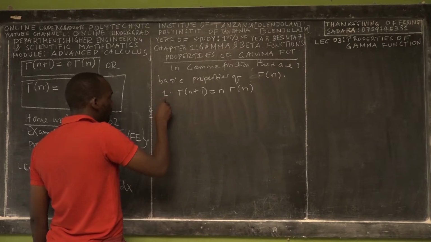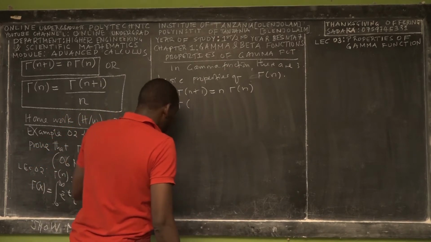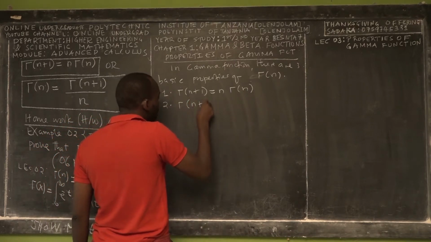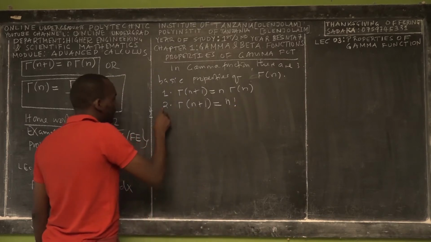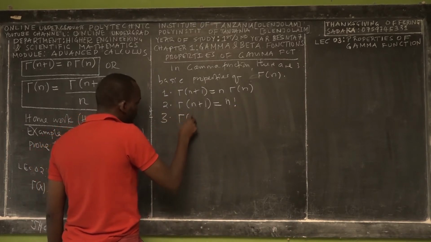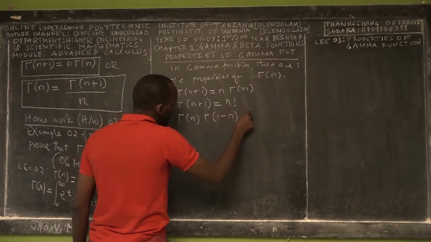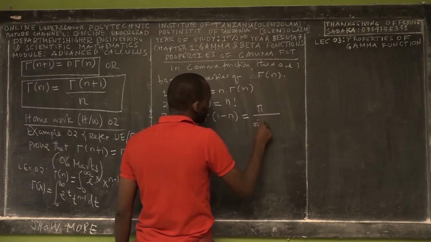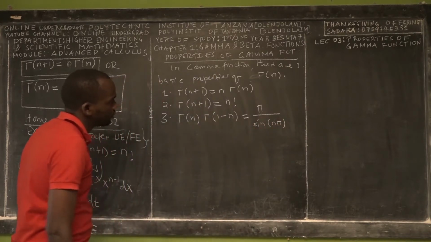Then the second property, gamma of n plus 1 is equal to n factorial. And the third property, which we are not going to prove, gamma of n times gamma of 1 minus n is equal to pi over sine of n pi. So those are the three properties.